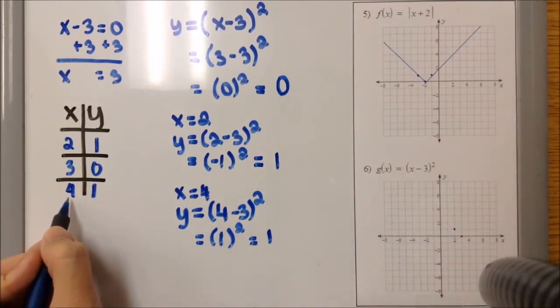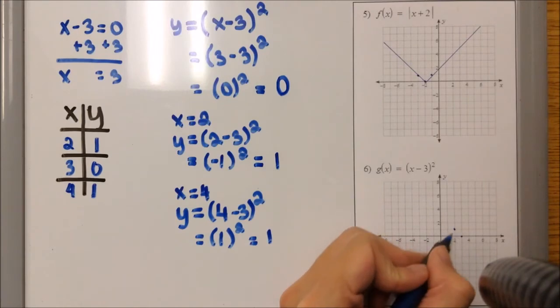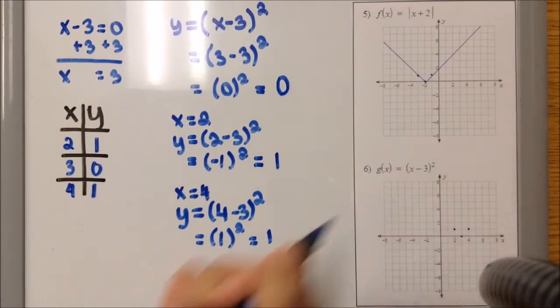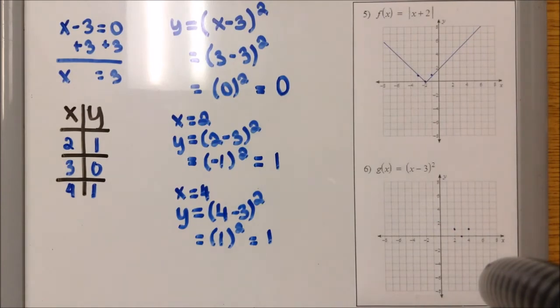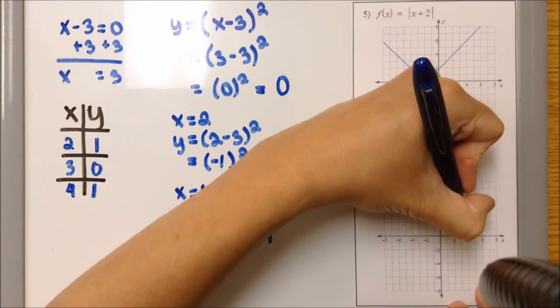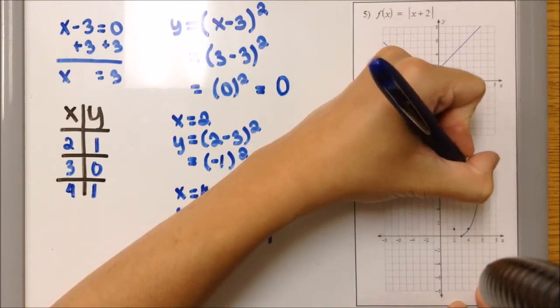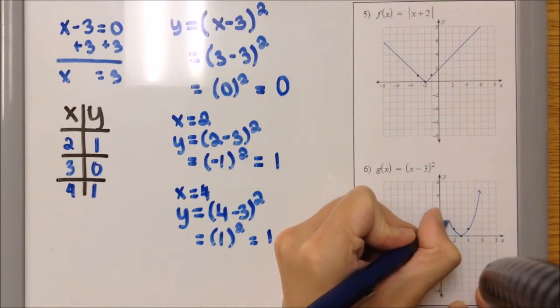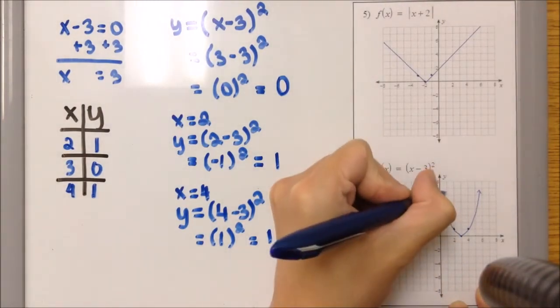And then the last one is 4, 1. So here's our 4, and here's 1. And again, it doesn't have to be perfect. You just have to look close to it. So I'm going to try to make it a U shape. And it doesn't have to go all the way to the top. It just has to be close.